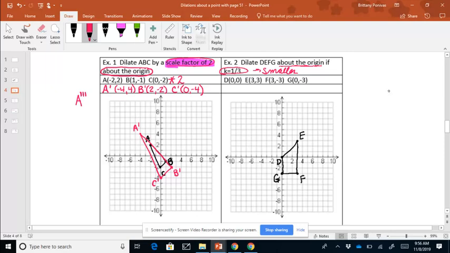Off to the side here in this scrap area you've got, let's write this. So if K equals 1/3, that means we are going to multiply by 1/3. Well, multiplying by 1/3 is the same thing as dividing by what?